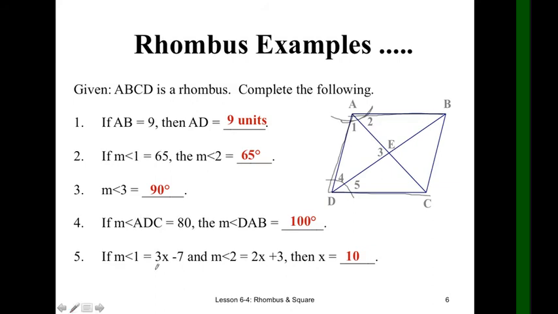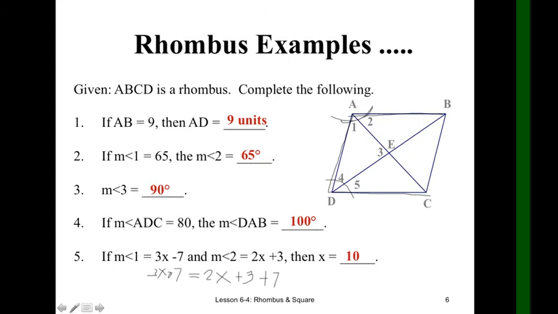So let's try this. We have 3x minus 7, and as we all know, they are being bisected by this diagonal, so they are equally divided, so they are equal. That's equal to 2x plus 3. So let's transpose negative 7 and make it positive 7.